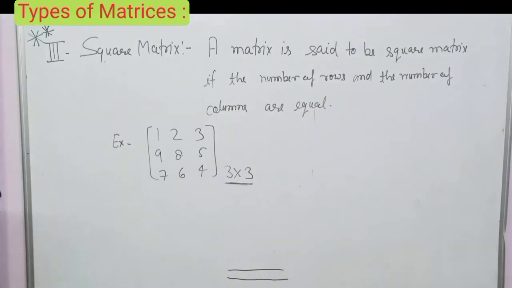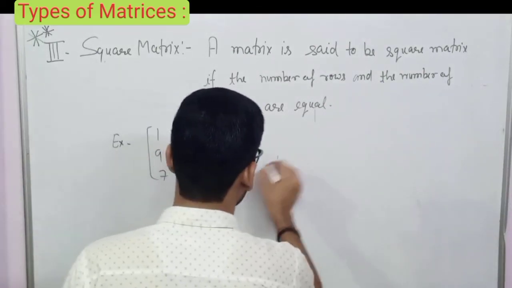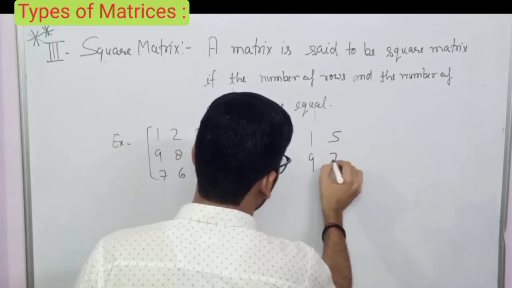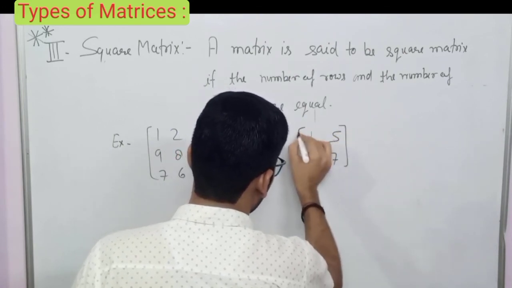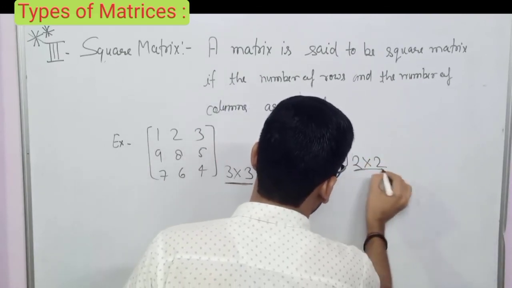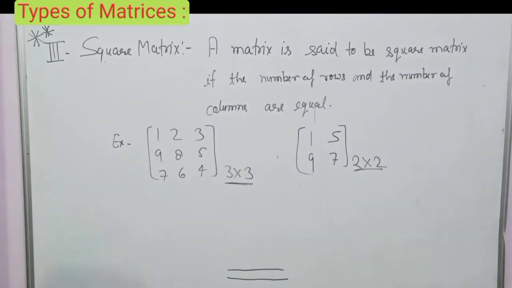So you can say this is a square matrix. Okay, and we write another matrix, 1 5 9 7. What is the order of this matrix? It is 2 cross 2. Number of rows and number of columns are the same, so you can say this is a square matrix.